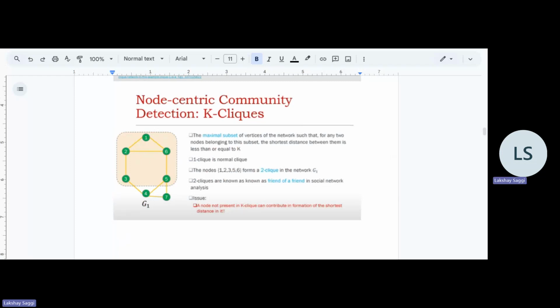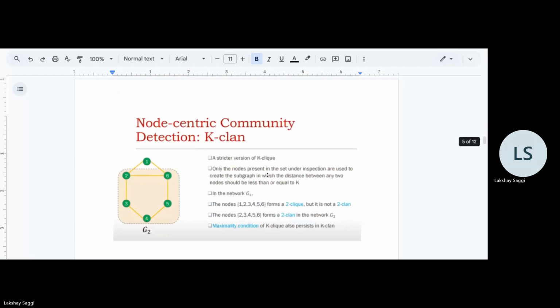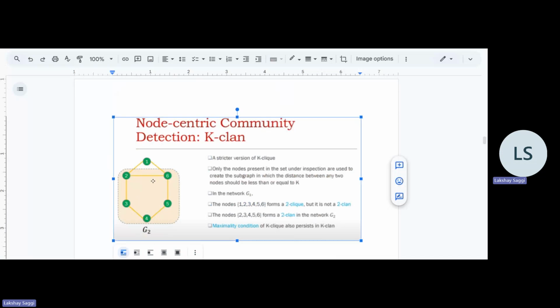So this will be a 2-click but a 3-clan, since this subset is a 3-clan, and we check this for every pair of vertices.